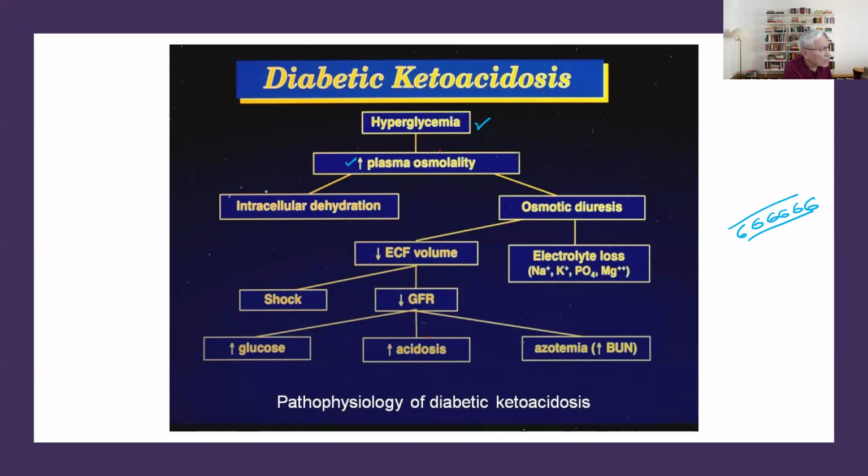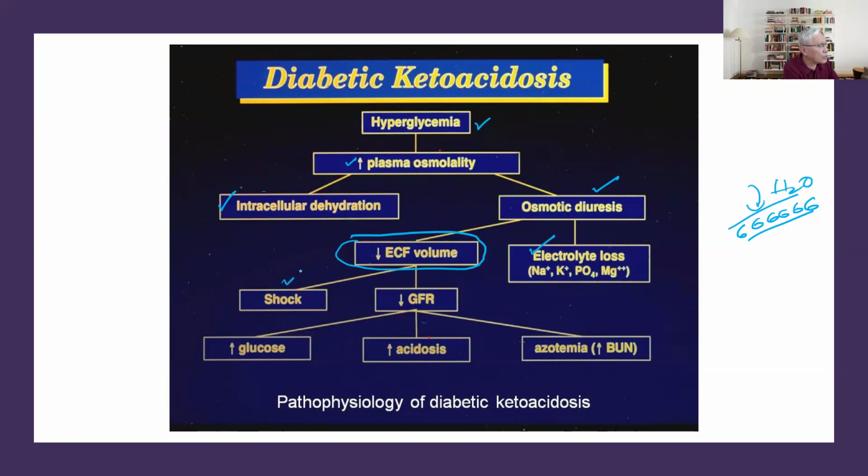So when that happens, you will now develop dehydration. And as a result of too much water going into the vascular space, you will develop diuresis. Okay, so do you understand? You're having diuresis, and at the same time, you're dehydrating the cells. All right? Now, when you dehydrate the cells, or when you have osmotic diuresis, then you're going to have a decrease in your extracellular fluid volume, and in addition to that, electrolyte losses.